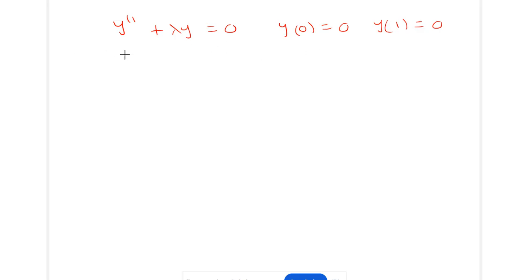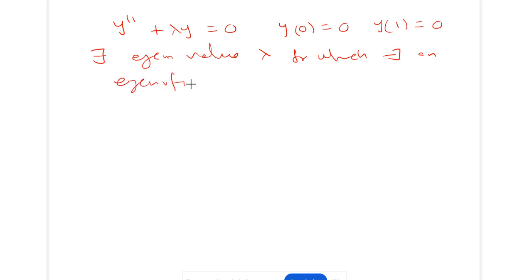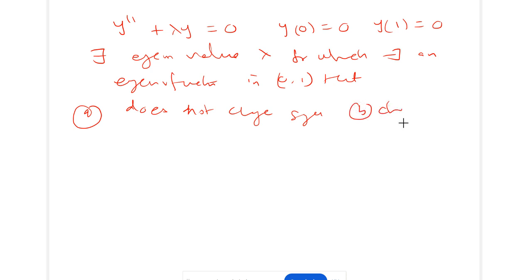There exists an eigenvalue lambda for which there corresponds an eigenfunction in [0, 1] that, option A, doesn't change sign, option B, changes sign, option C, is positive, option D, is negative. Okay, then what is the solution for this one?